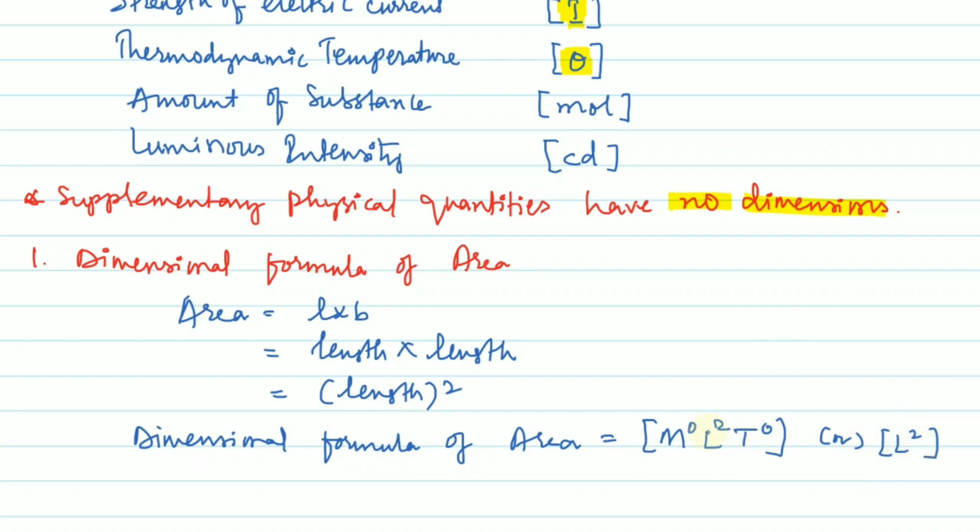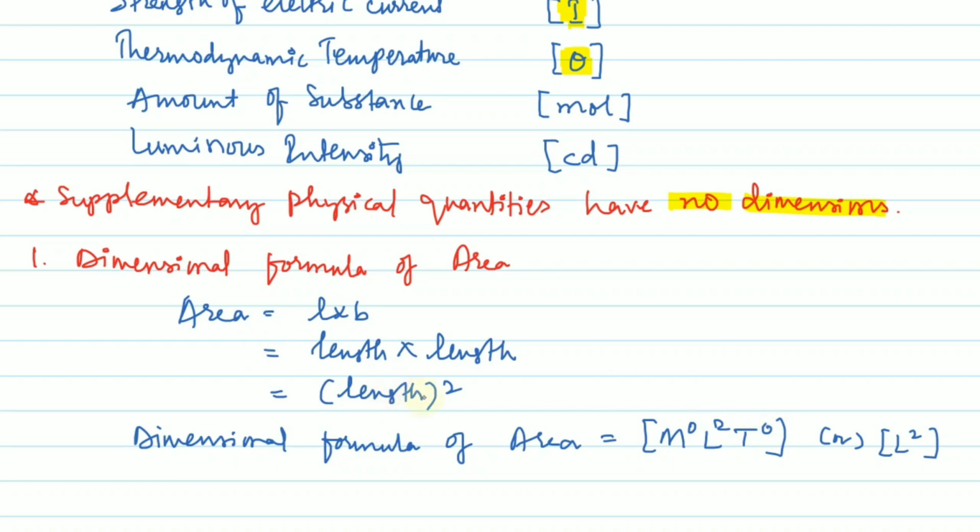The dimension of area is 0 in mass because M to the power 0, right? And the dimension of area is 2 in length because here the power is 2. The dimension of area is 0 in time, as here we have T to the power 0.